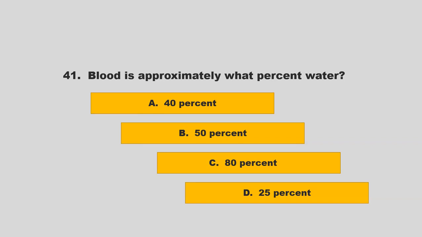Blood is approximately what percent water? 40, 50, 80, 25%. If you chose C, 80%, you are correct.